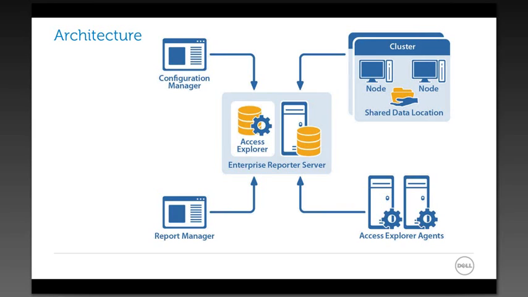And with Enterprise Reporter, we have everything in place. So you can see here, this is the rough architectural slide, very high level. But the key here is that Enterprise Reporter uses a distributed architecture. So it has agents that can be installed on either computers themselves or on some other servers and scan your file systems remotely. And we also have a concept of clusters and nodes.